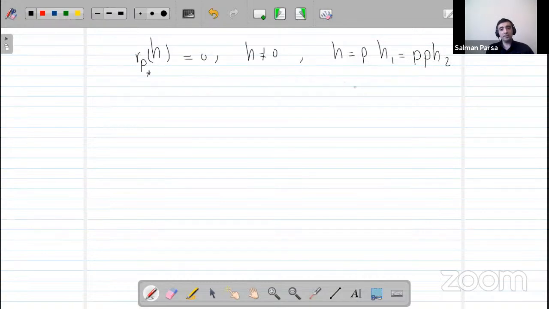If you continue like this, you can write H as P to the K times HK. Now this has to stop at some point, and it will stop when this HK becomes actually non-trivial modulo P.